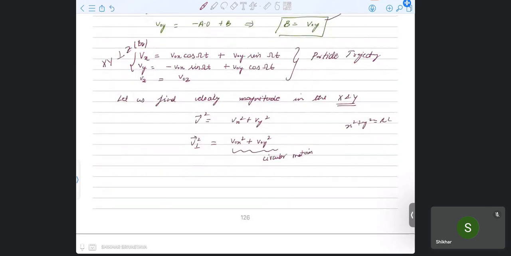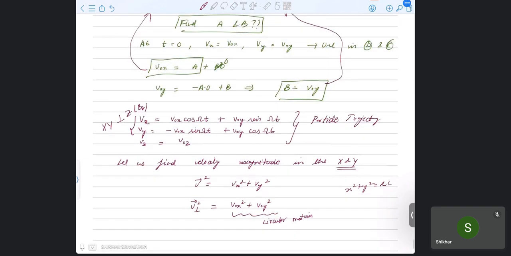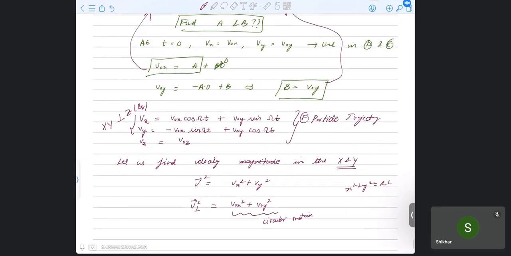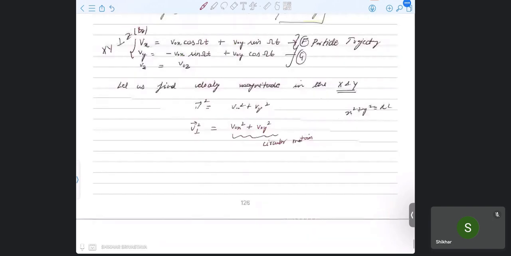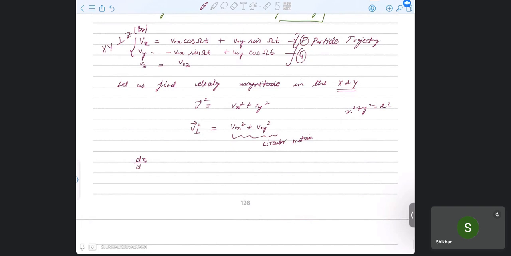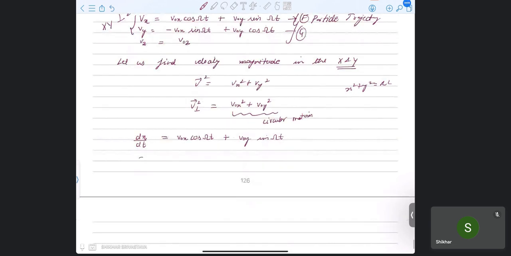Similarly, we can also calculate from equations F and G, this is equation F, this is equation G. We can further integrate to get the x and y coordinates. So dx by dt is V naught x cos omega t plus V naught y sine omega t, right? So we just integrate it. What we'll get is x is equal to minus V naught x upon omega sine omega t minus V naught y upon omega cos omega t.